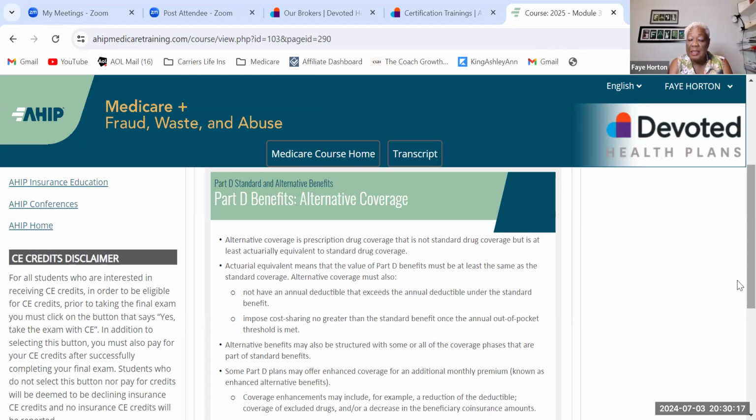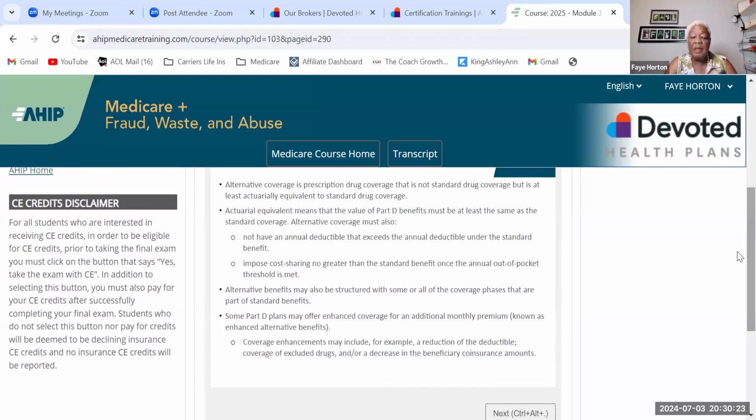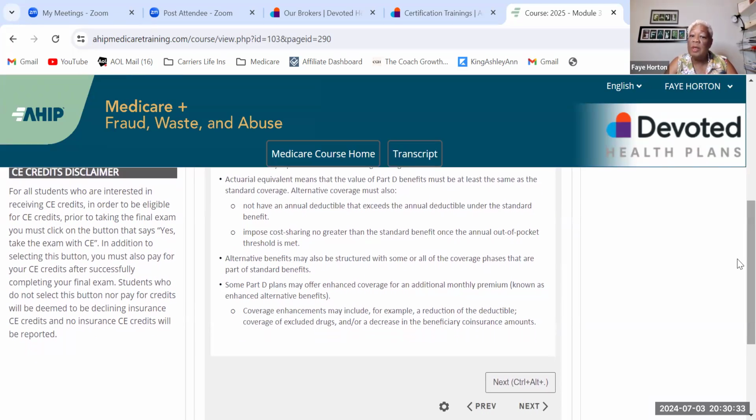Coverage enhancements may include, for example, a reduction of the deductible, coverage of excluded drugs, and or a decrease in the beneficiary's coinsurance amount. So someone could buy an additional supplemental plan that may improve their cost sharing in the prescription drug plan.